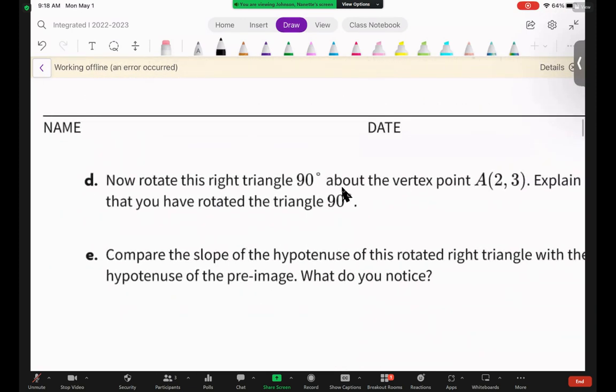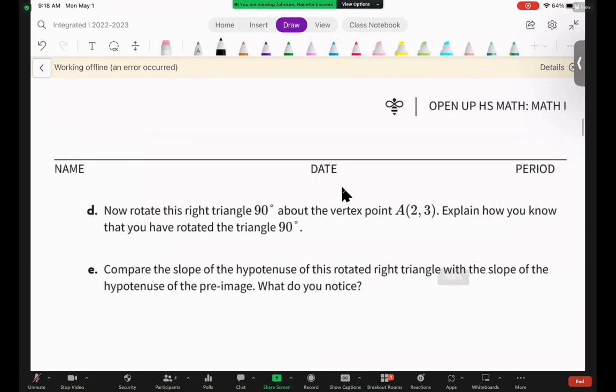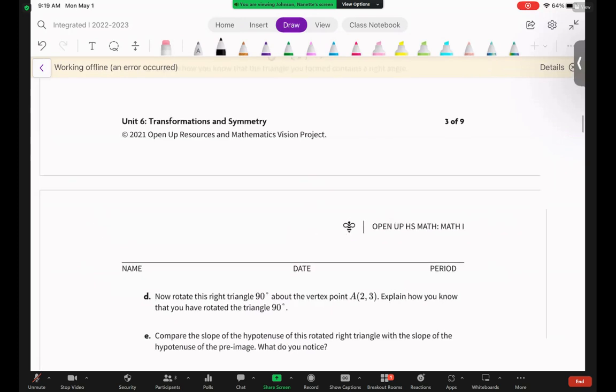It says now rotate this right angle 90 degrees about the vertex of point A, which is (2, 3). Now they want you to rotate this triangle about point A. So can you imagine you rotating it? So here we go.